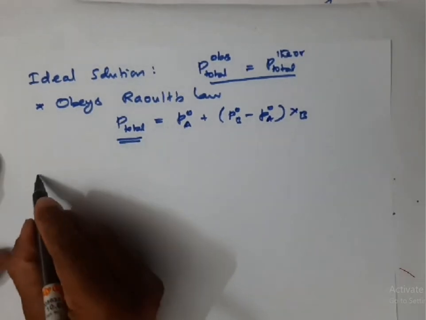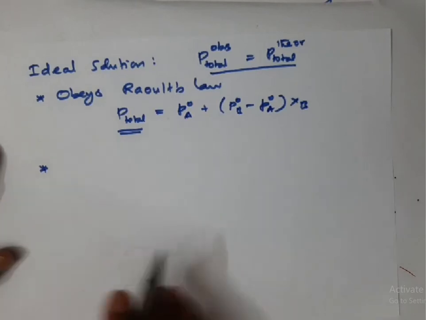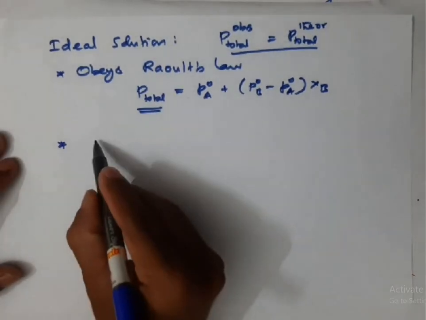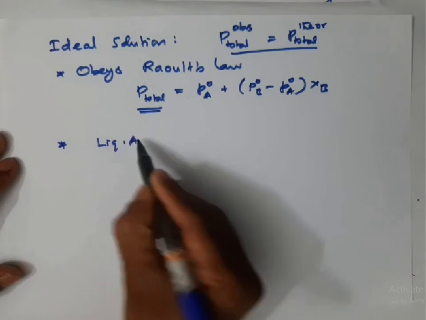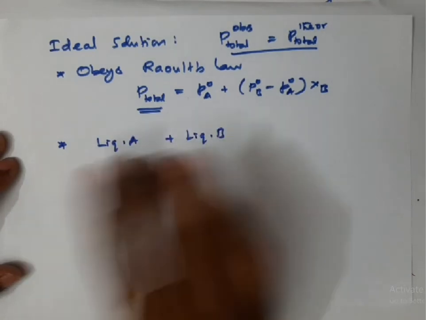Then the second point, students, observe this carefully. For an ideal solution, we are taking liquid A and liquid B, both volatile liquids.